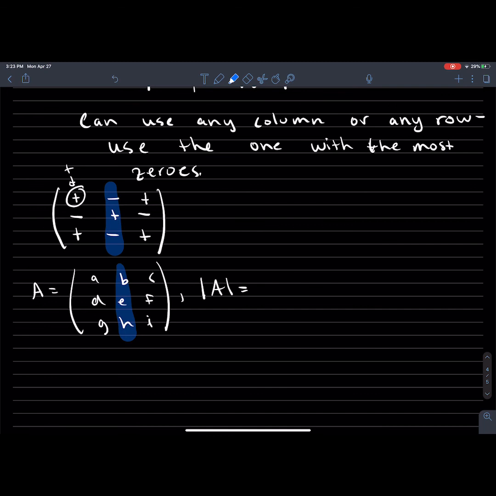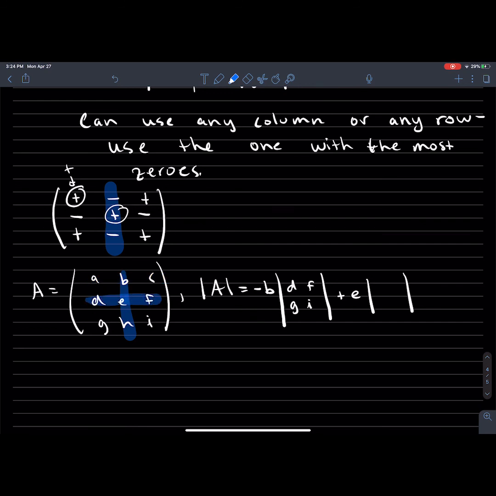So first of all, B is in the negative position, isn't it? So it's going to be minus B times a 2 by 2. Which 2 by 2? The 2 by 2 that you obtain by crossing off the row and column of B. So it's times D, F, G, I. And then my second one that I'm going to use will be E, and that is a plus. So plus E times the 2 by 2. You cross that off.